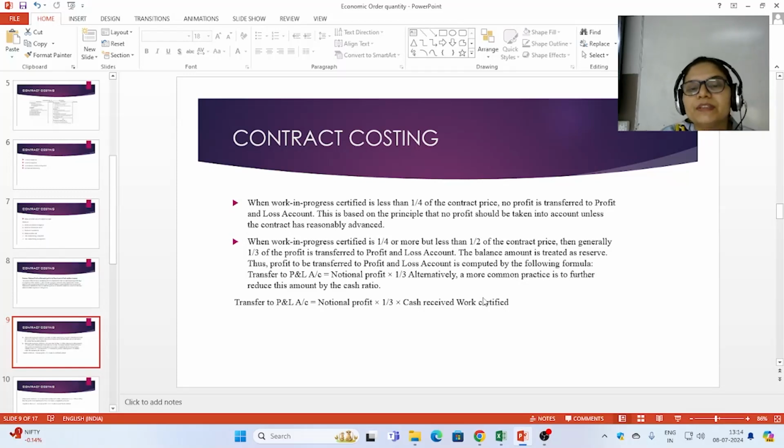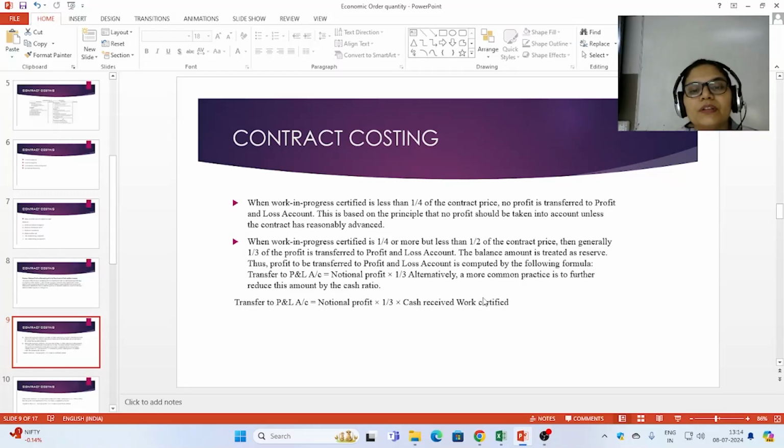This is based on the principle that no profit should be taken into account until the contract has reasonably advanced. So whenever the work certified is less than 1/4 of the contract price, no profit should be taken into account.